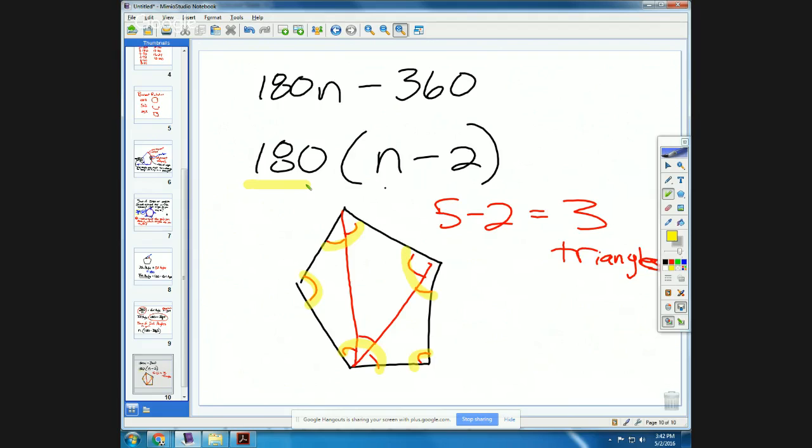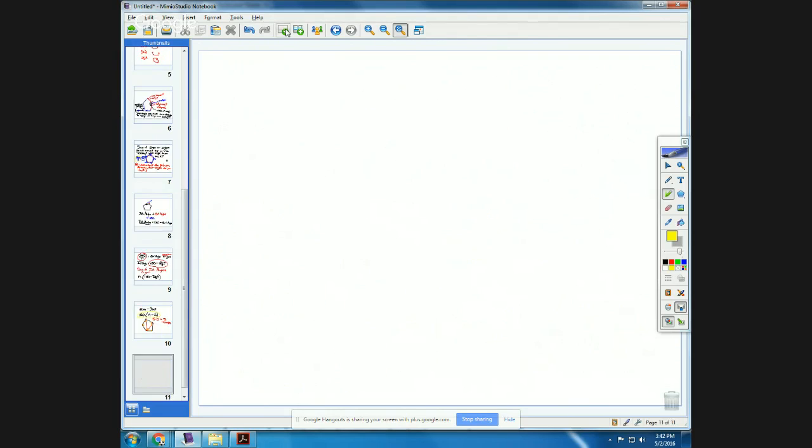But this right here is the formula we developed a completely different way in class last week for the sum of interior angles. So just a reminder what that formula means. Sum of the interior angles.